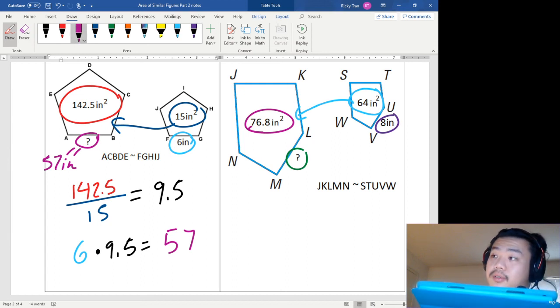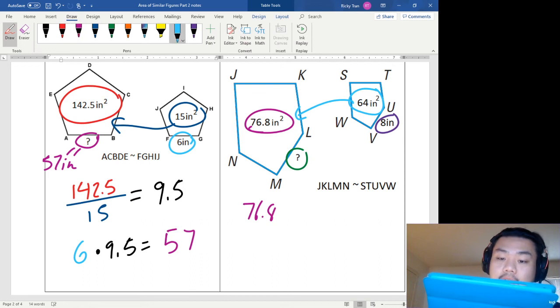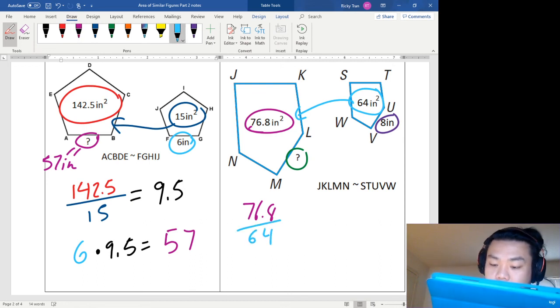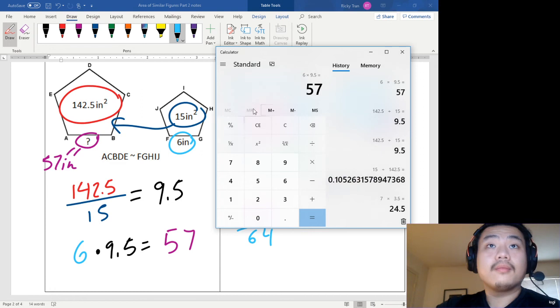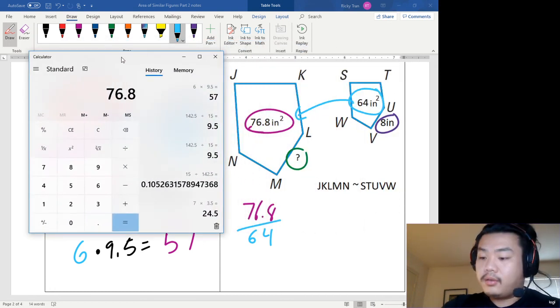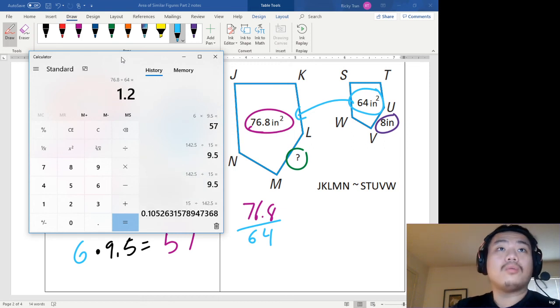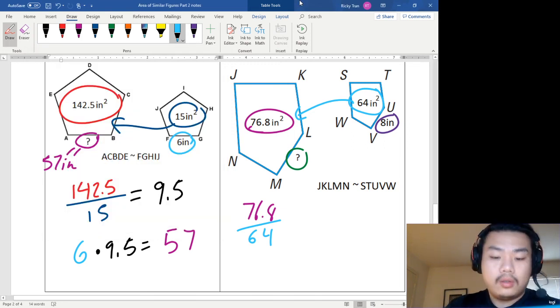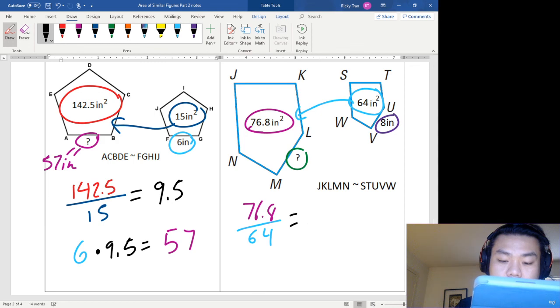Again, small to big, so it has to be bigger than 1. So 76.8 is going to go on top. 64 is going to go at the bottom. 76.8 over 64, 1.2.